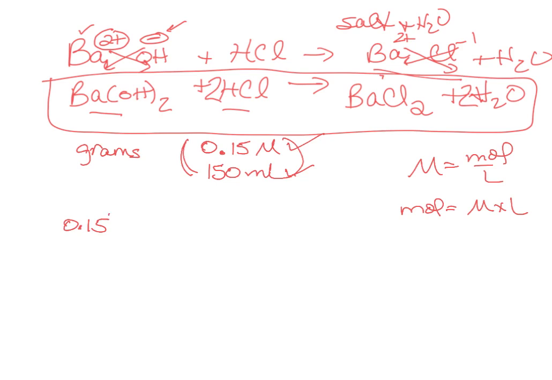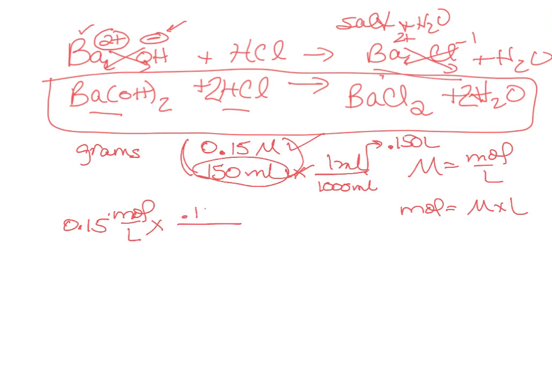0.15, and I'm going to write molarity as moles per liter because it lets me follow my units a little bit better. And I need liters from milliliters. So let's do a quick calculation of that. There are 1,000 milliliters in 1 liter. So I really have 0.150 liter of HCl.